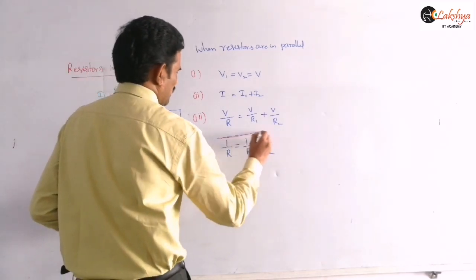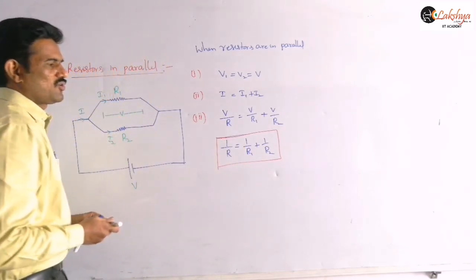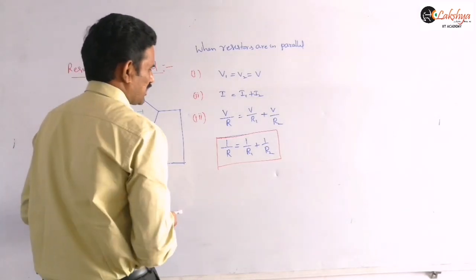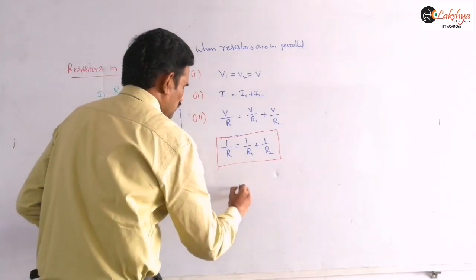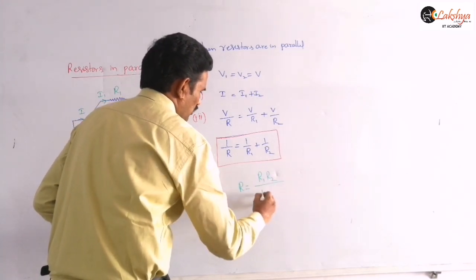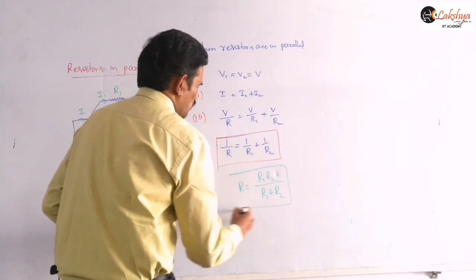The effective resistance when two or more resistors are joined in parallel, we can write 1 by R is equal to 1 by R1 plus 1 by R2. And for two resistors this R effective we can write as R1 R2 by R1 plus R2 here. Right, for two resistors.